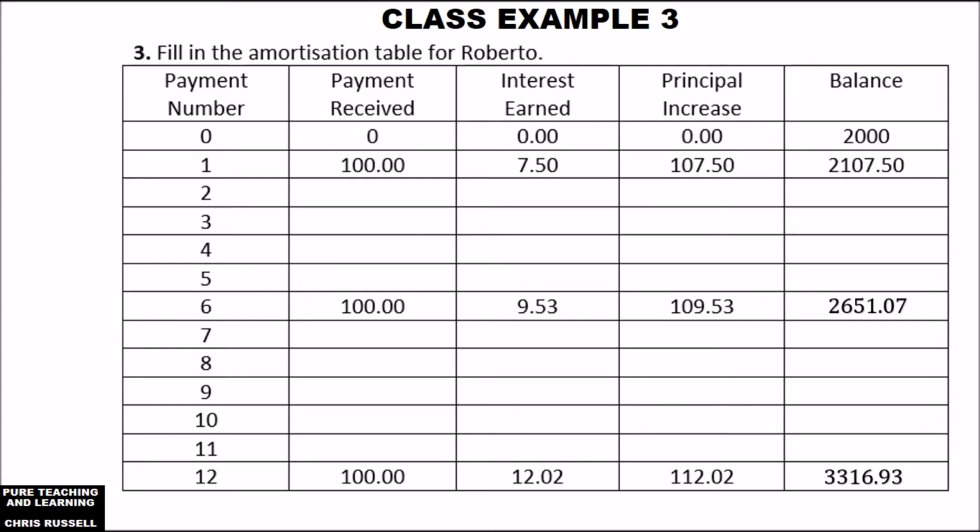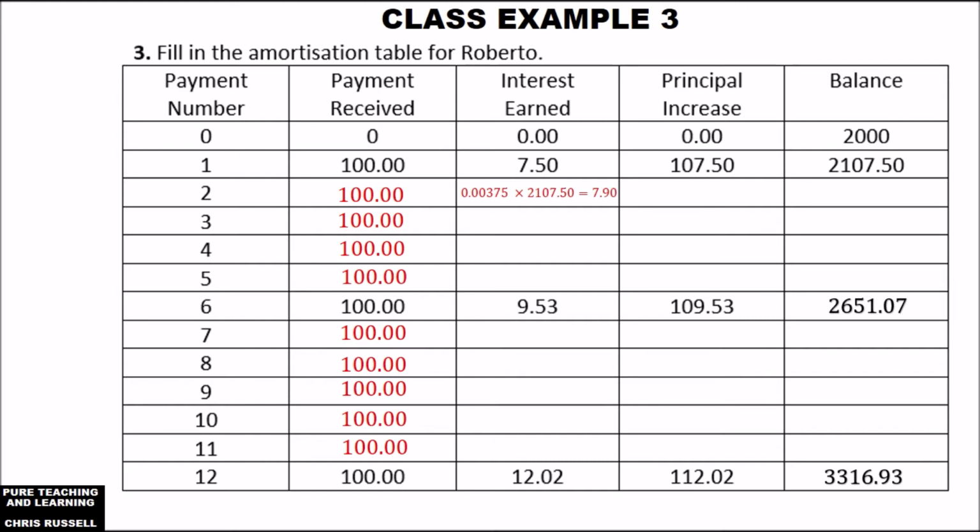Now we're going to fill out the following table for Roberto. What you are going to see is all of the working out as we go. We know that the payment received all the way through is 100, so we can fill in the gaps there. Now we have to work out the interest. Here we can multiply $2,107.50 by the interest per month divided by 100.